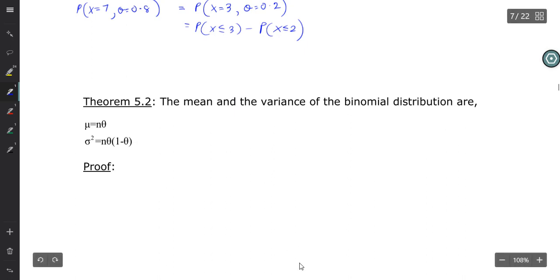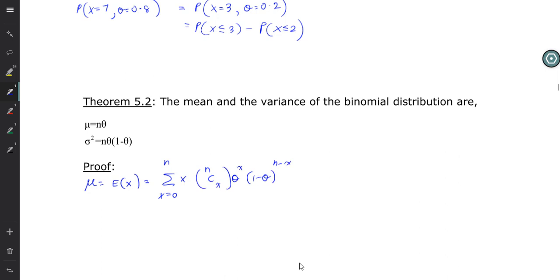So let's start with the mean. Mean is E of X. So that is the sum for x going from 0 to n of x times n choose x, theta to the x, 1 minus theta to the n minus x. Okay, so this is the sum of x p(x), where p(x) is the PMF of the binomial density.